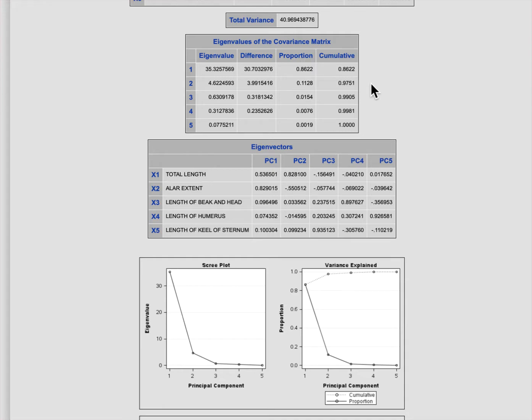And if we were to use the first 2 principal components, then those 2 together would account for 97.51% of the total variability in the original variables. And so what this is telling us is that although the data is 5-dimensional, it's not varying throughout all 5 dimensions. It's really only varying in primarily 2 dimensions.